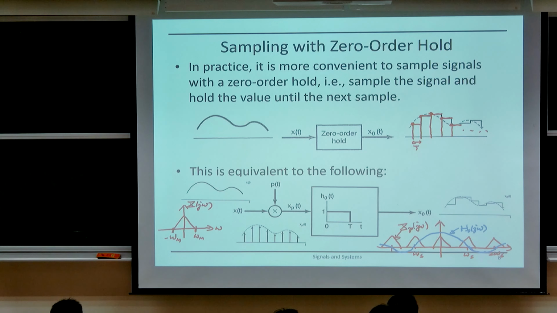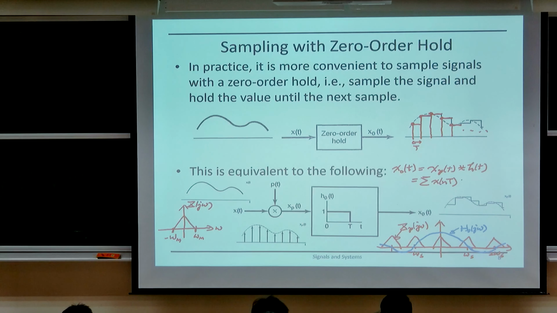So mathematically, this is saying that x0 of t, this output here, is xp of t convolved with h of t. Xp of t is equal to the summation of x[n] times the delta function at that point.